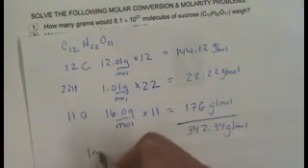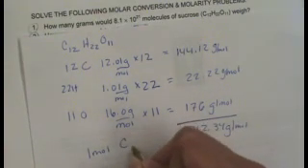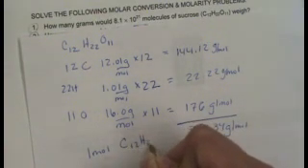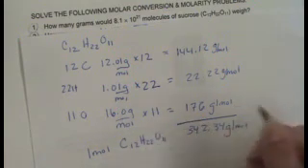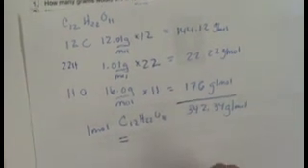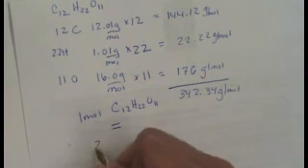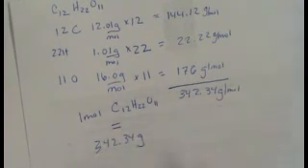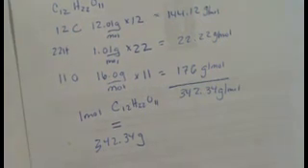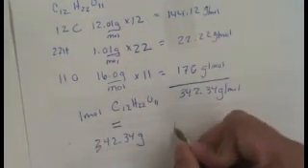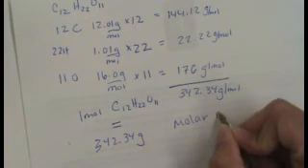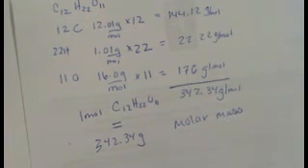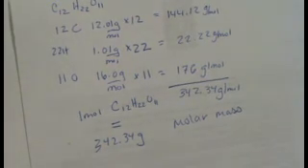So if I have 1 mole of C12H22O11, that equals 342.34 grams. Okay? Does that make some sense? Again, this is what we call molar mass. Okay? So that's how we always find the molar mass of any compound.